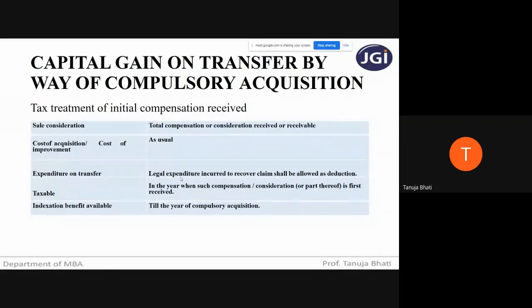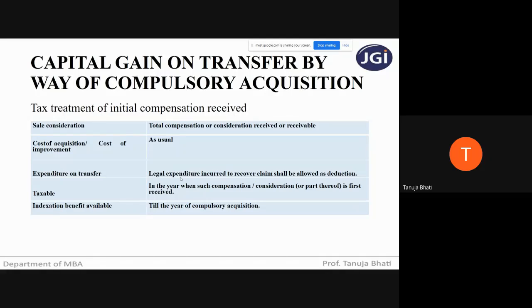One more thing, students, suppose government is compulsorily acquiring my house property. I have no option. They are compulsorily going to acquire my house property for, suppose, 50 lakhs. So they are paying me a compensation of 50 lakhs. But I am not satisfied with 50 lakhs. I feel that the value of my house property should be 55 lakhs. So I ask for extra compensation from the government.